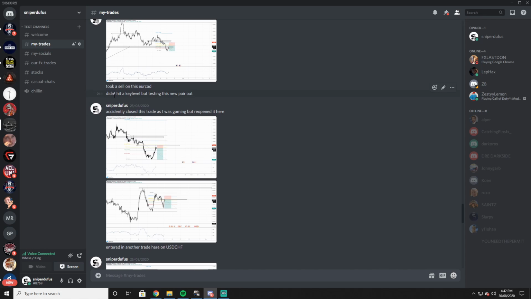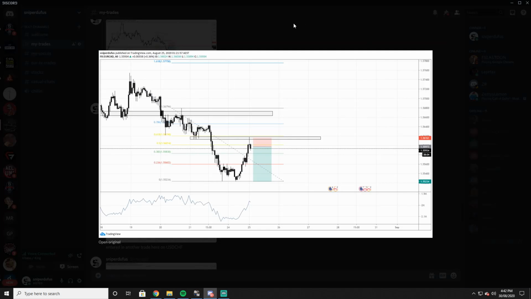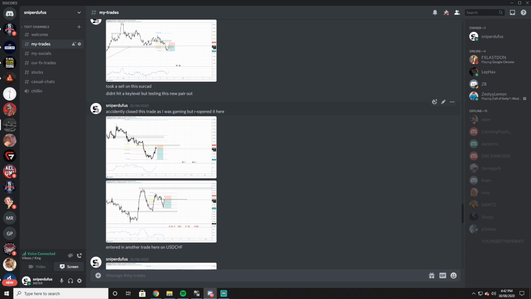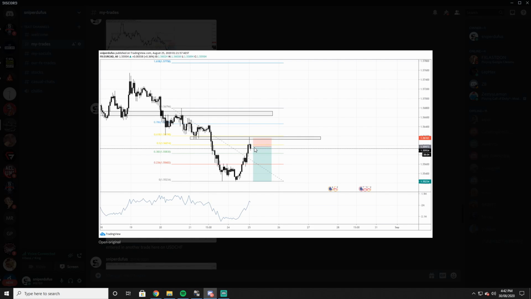Here we can see that it didn't hit a key level, but I'm just testing this new pair out, and then I accidentally took two trades on this because I accidentally closed it. I accidentally closed this trade while I was gaming, but reopened it here, just a few pips below this 0.5 level. I know that sounds really dumb, but I had the trade open, and as I was playing, my hand slipped and tapped the close trade button on my MetaTrader phone, because it's right next to my keyboard, and it just closed the trade.